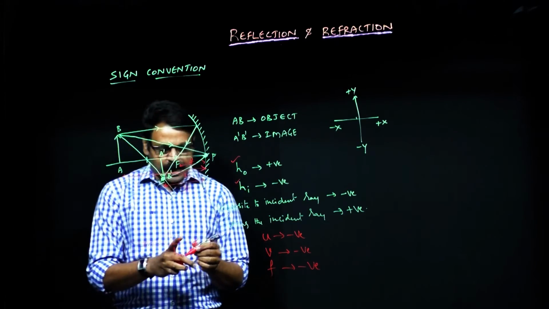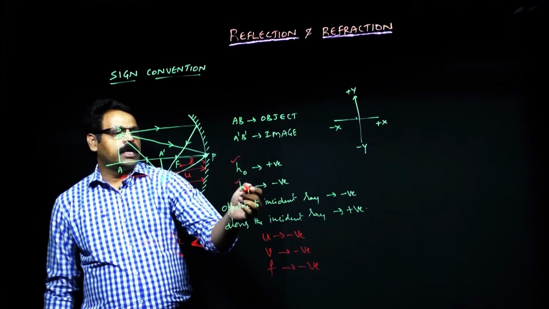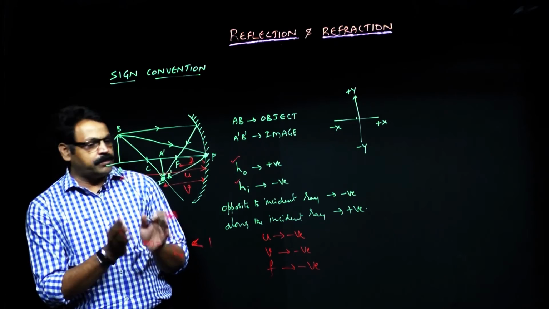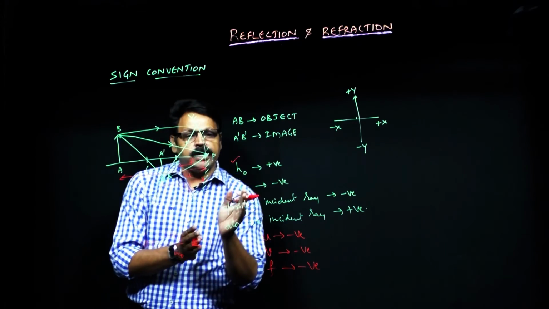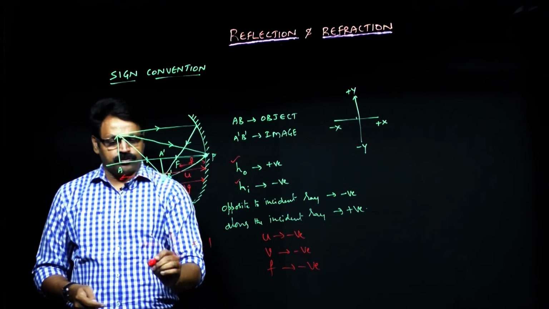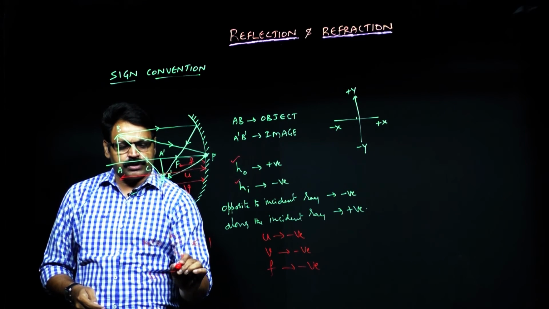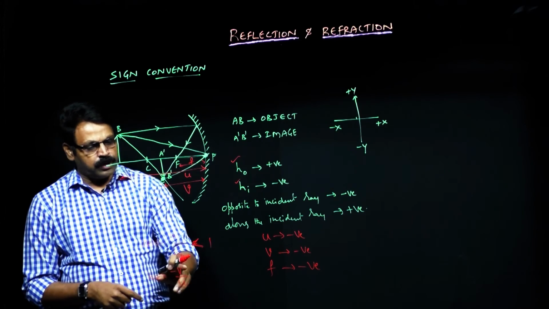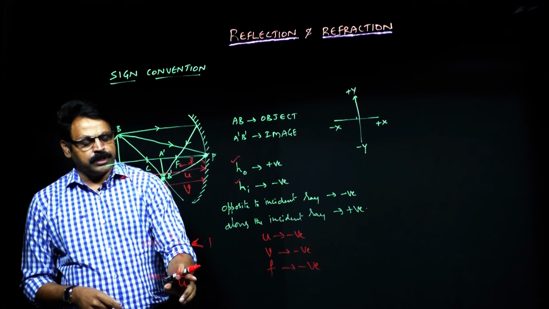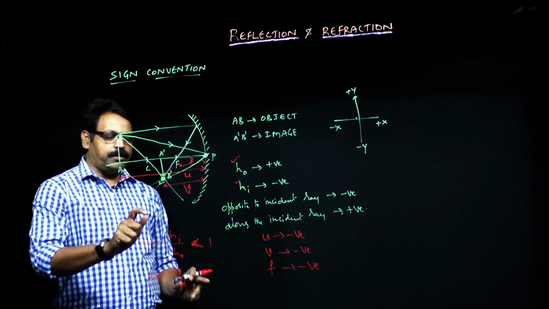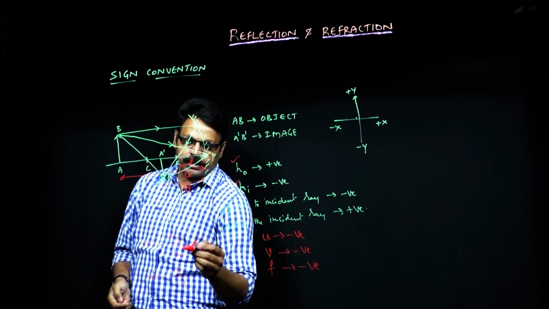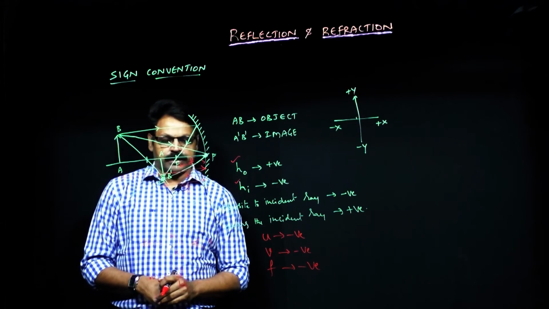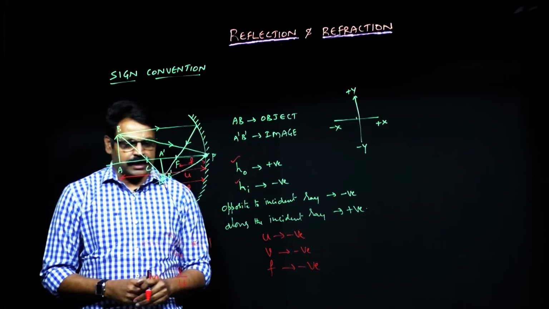Magnification is defined as the ratio of image height to object height, considering the sign notation. Similarly, you can also define magnification as minus v by u. This is one more method of calculating magnification. So magnification can be the ratio of image height to object height, or image distance to object distance. This is how you can calculate.